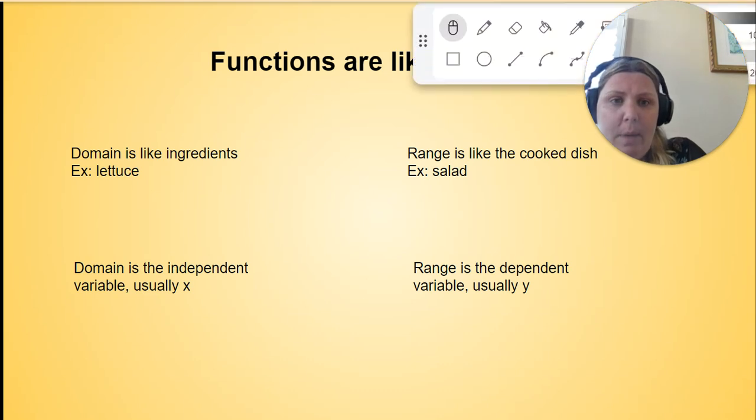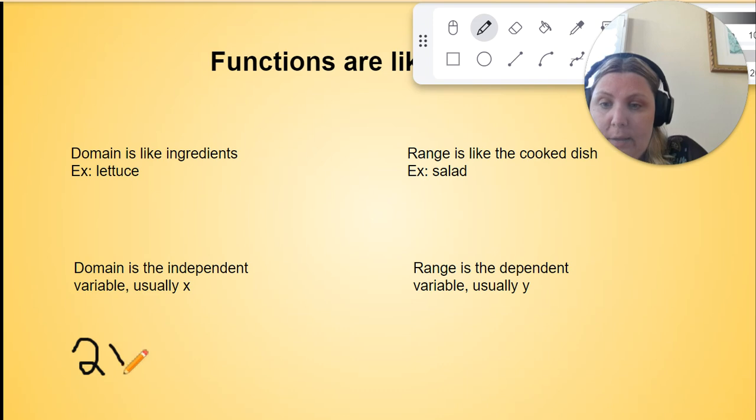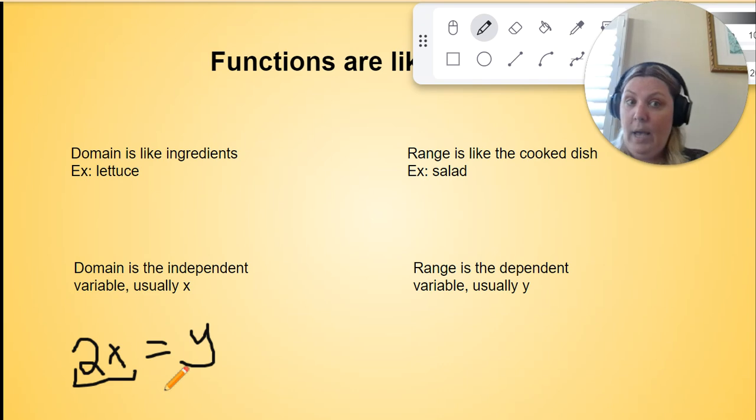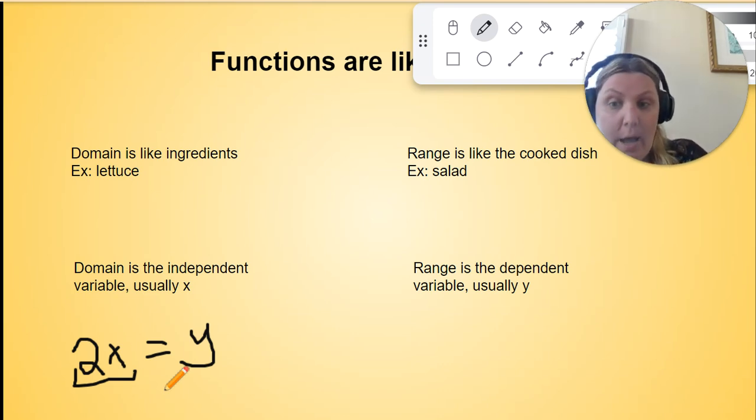So how does this work in math and not just cooking, right? Well, let's say I have 2x equals y. This is a recipe. It tells me, hey, take a number, any number, because it's x, right? Multiply it by 2 and you will get y.